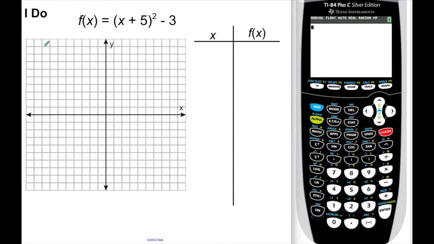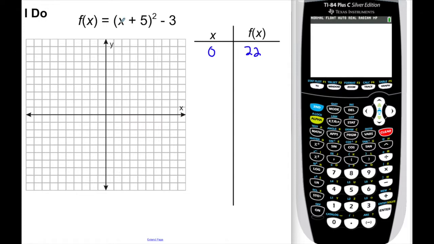Another student remarked that no, not really, because when you plug in 0, first you're adding 5, squaring it, and subtracting 3. In this case it's not that difficult, but here's the issue: this is not going to fit on this graph. So 0 is not as useful anymore, but that doesn't mean it's unimportant. I do care about the y-intercepts, but that's just not where we're going to start.